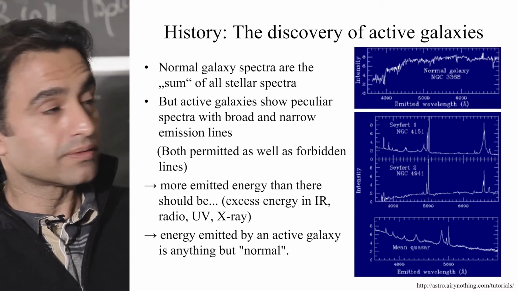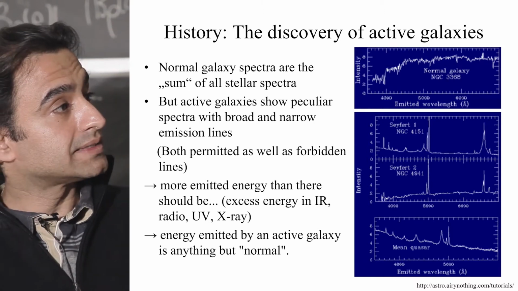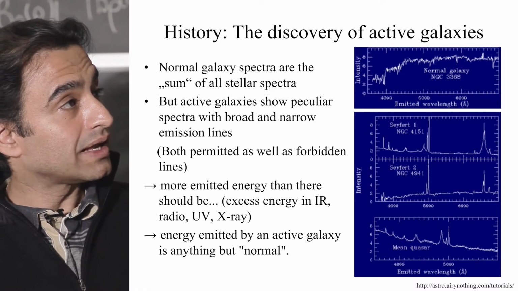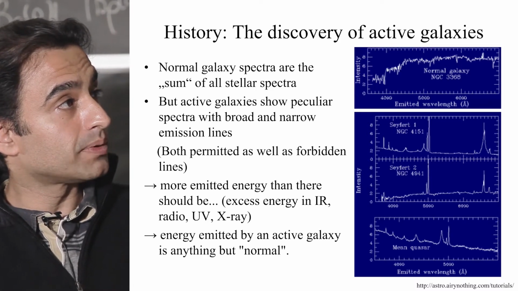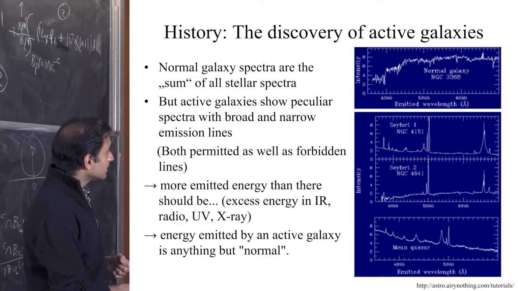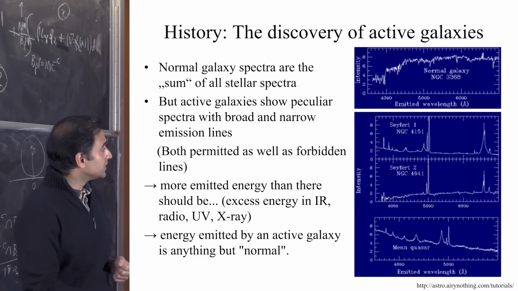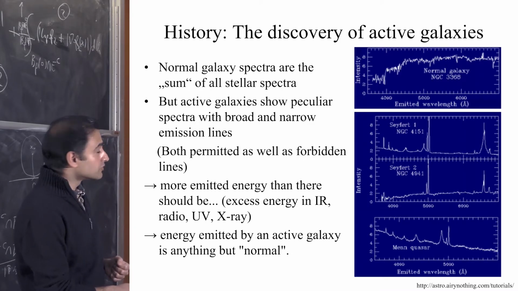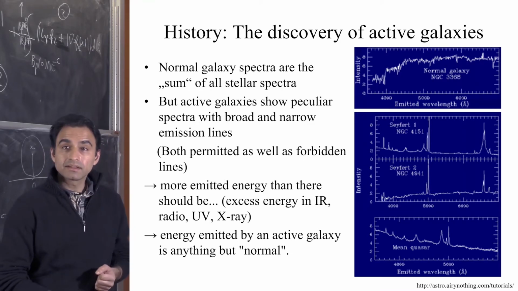First of all, while here the intensity tends to drop at lower wavelengths, here at all wavelengths the intensity is always quite high. There is no clear sign of a drop in the intensity.